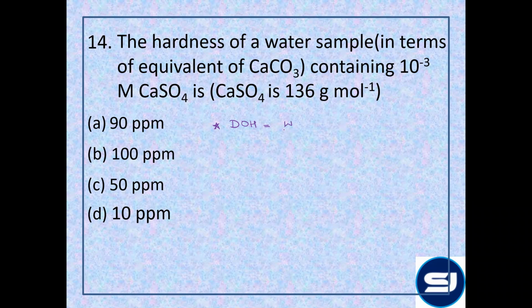If mass is given, for degree of hardness it is given mass upon molar mass, into 1 by the weight of water in grams, and multiply by 10 raised to 8. This is the simple shortcut formula.